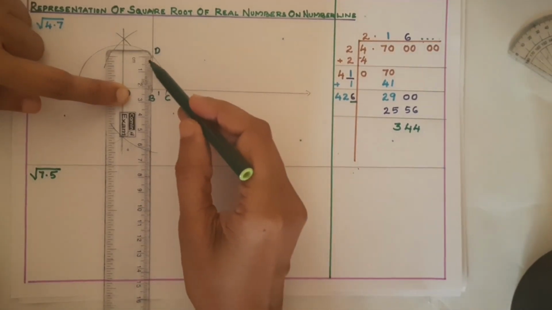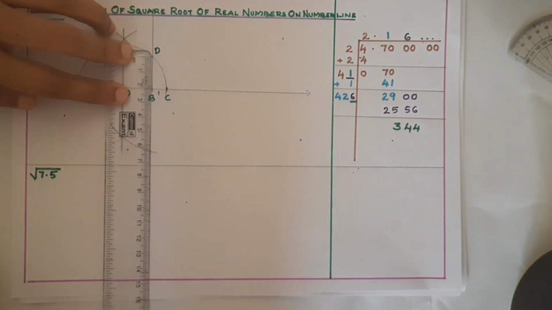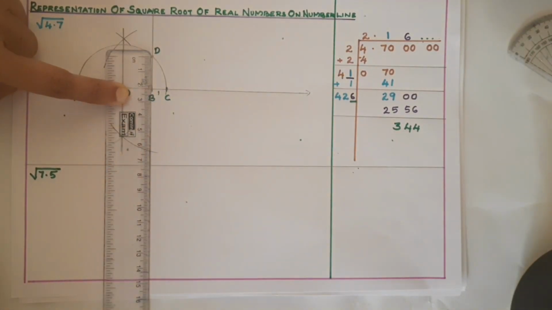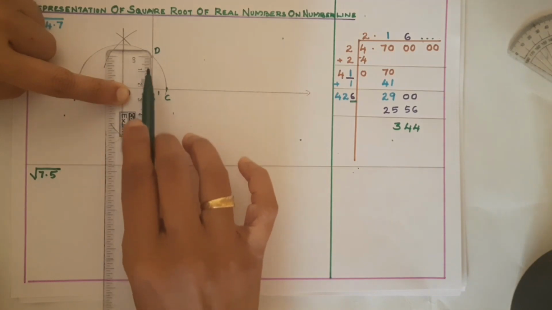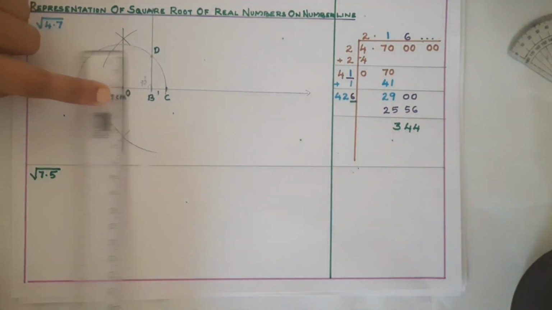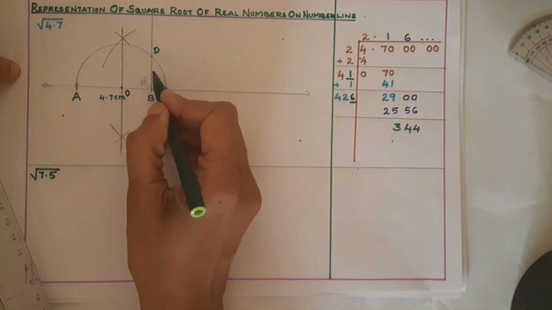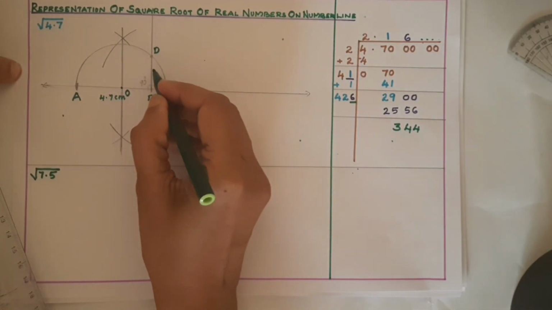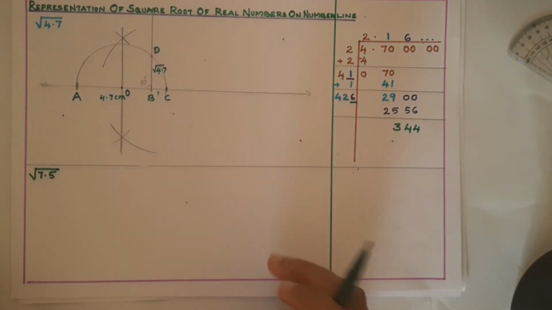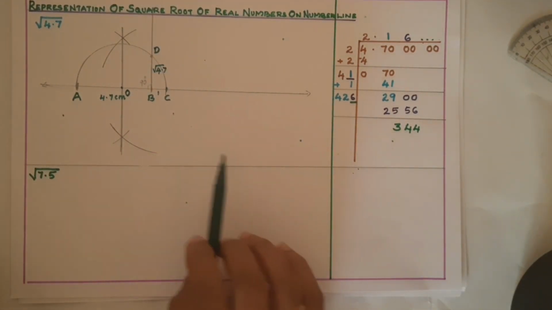So after doing the construction you can verify whether it is near to 2.2 or not. We won't get exactly 2.2 or 2.16. It will be near 2.1 or 2.2. So this BD is actually square root of 4.7.